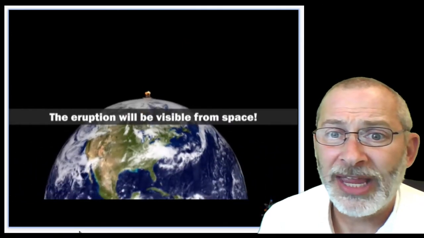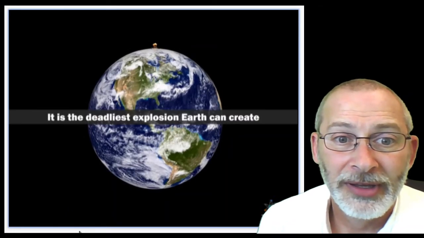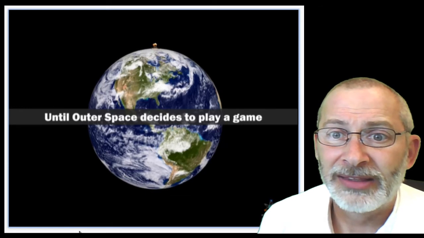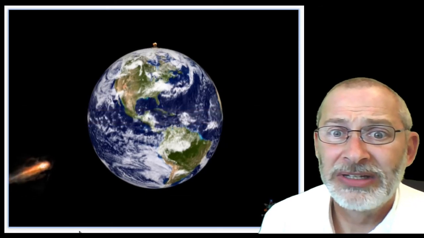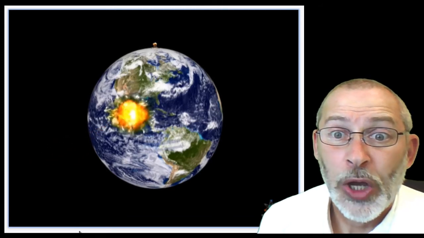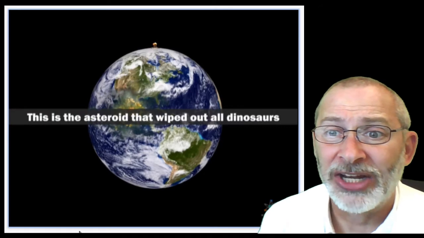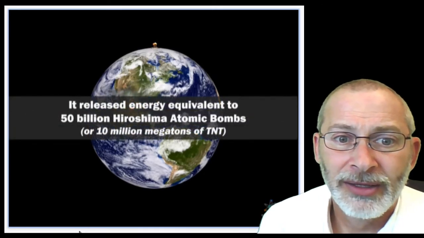So if the super volcano in Yellowstone erupted, you'd see it from Earth. And yet, there's worse. That's what caused the extinction of the dinosaurs. An asteroid impact. Oh my.